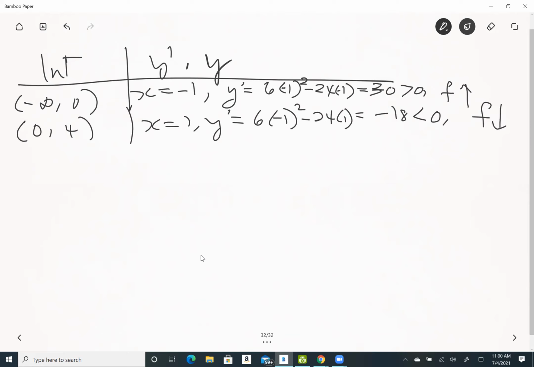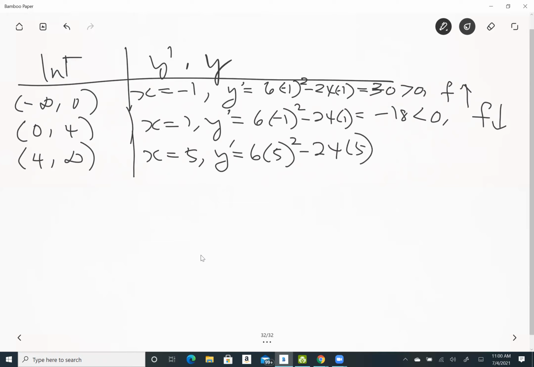Okay. And then you look at the third interval, 4 up to infinity. I take 5, or you can take 10, or whatever you want. So you use 5. Then y prime is equal to 6 multiplied by 5 squared, minus 24 times 5. How much is it? 30.